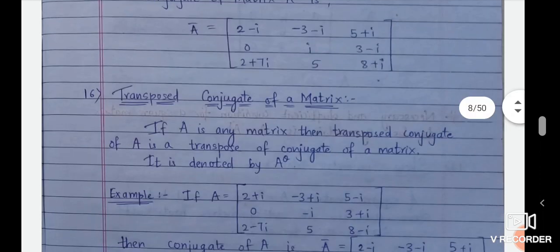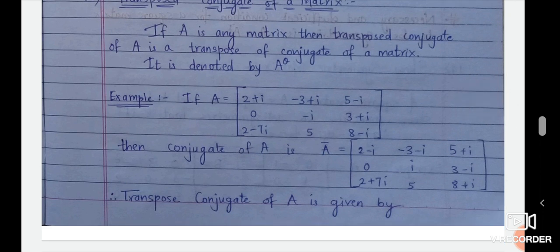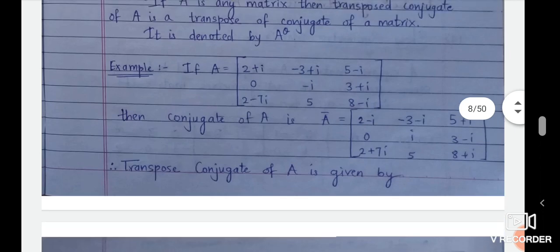The next is the transpose conjugate of a matrix. Transpose conjugate of a matrix means first a matrix is given to you, then find its conjugate, then find the transpose of that conjugate matrix. See, I have taken an example. The example is the same. You have given one matrix A, then I found the conjugate of matrix A. Then what is transpose?